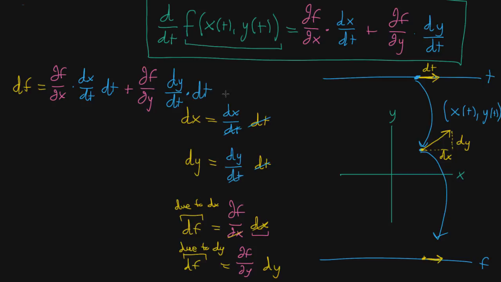So slight nudge in t causes a change in y, that change in y causes a change in f. And when you add those two together, that's everything that's going on, that's everything that influences the ultimate change in f. So then if you take this whole expression and you divide everything out by dt, so I kind of erase it from this side and put it over here, dt, this is your multivariable chain rule.